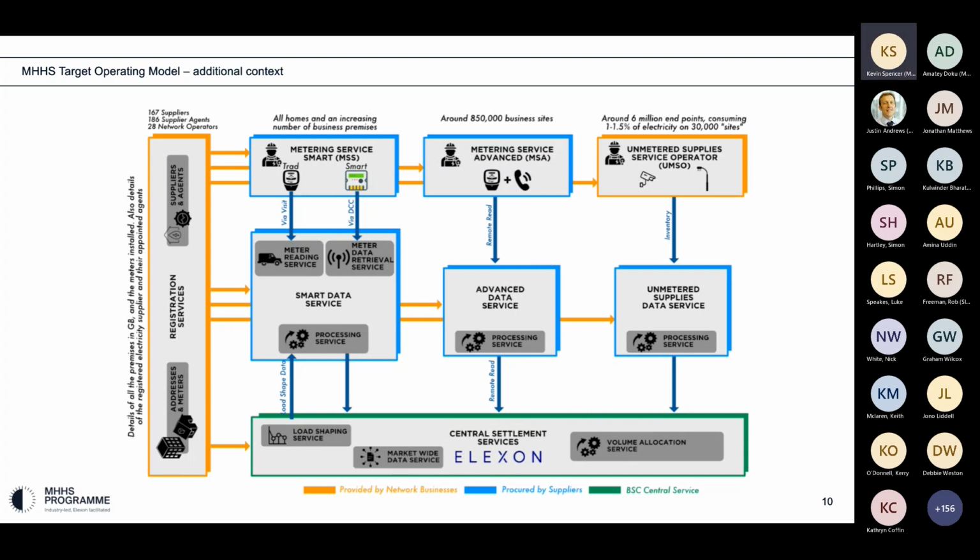In fact, the active import for advanced data services will also be ingested directly from the data service. But within the Elexon system, the market-wide data service will be aggregating the data by the DUOS tariff ID, which is currently called the line loss factor class ID, but we're going to rebrand that to a name which is more synonymous with what that data item actually does.